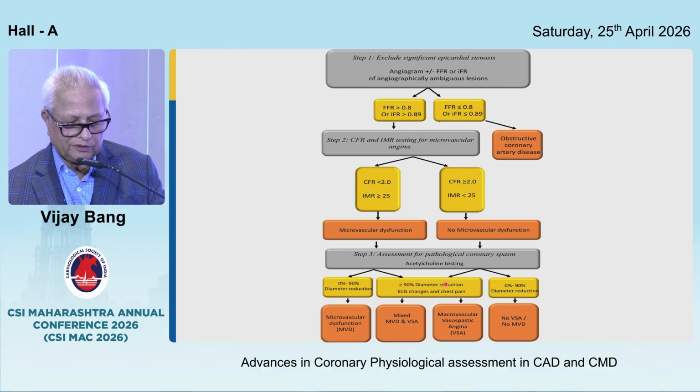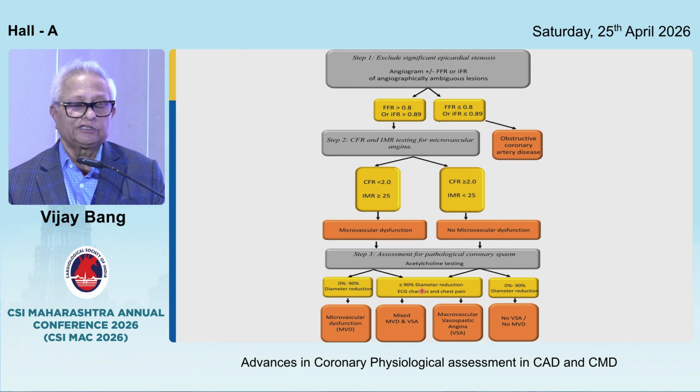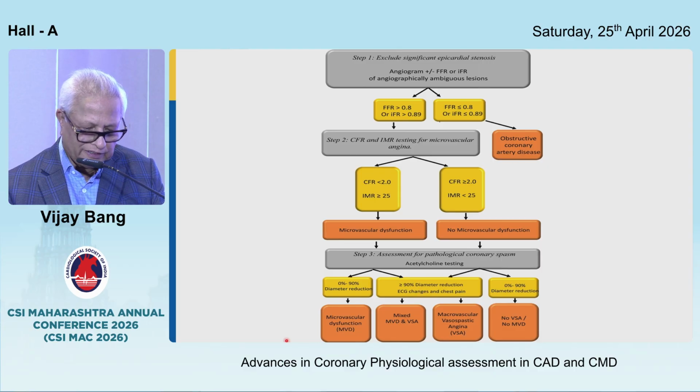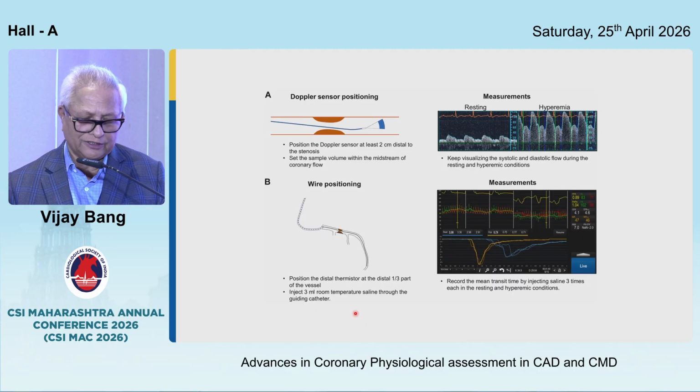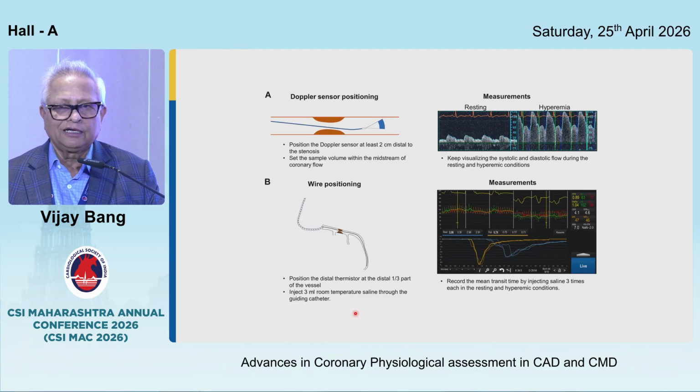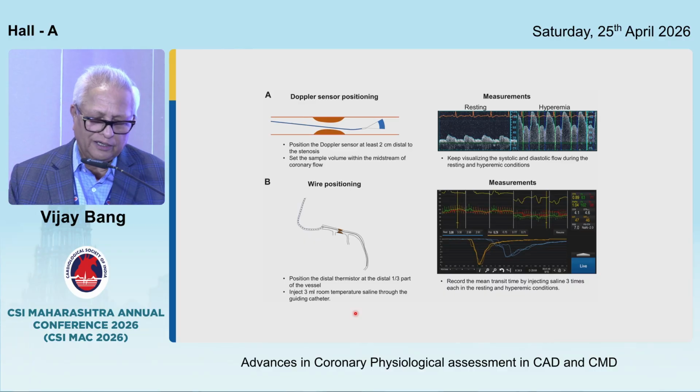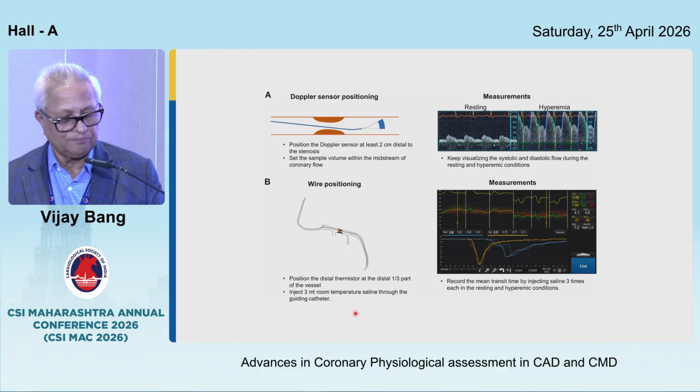But on acetylcholine testing, the spasm which develops should be more than 90% to say that it is vasospastic angina which is affecting this. So once we have this clear idea about vasospastic angina, how do we do the acetylcholine testing? That I will explain a little more as I go forward with my lecture.